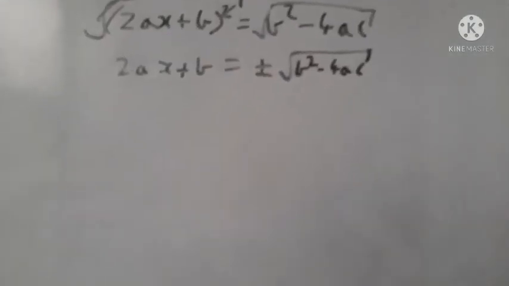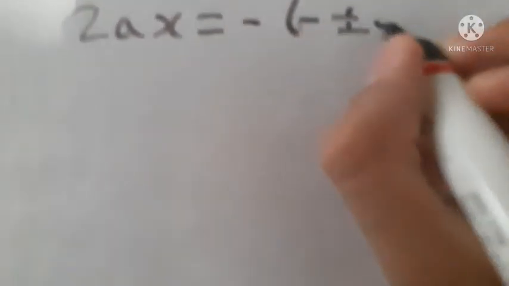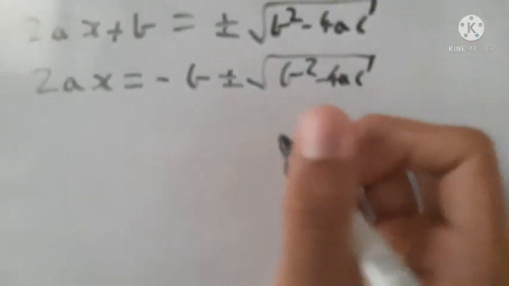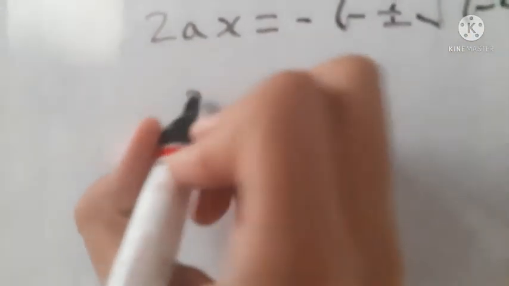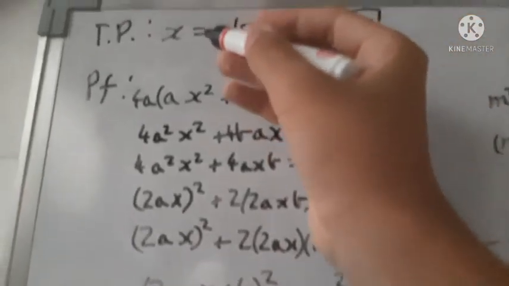So we'll subtract b from both sides: 2ax equal to minus b plus or minus square root of b squared minus 4ac. And now isolating x, because we're solving for x all along, that's what we have to prove.